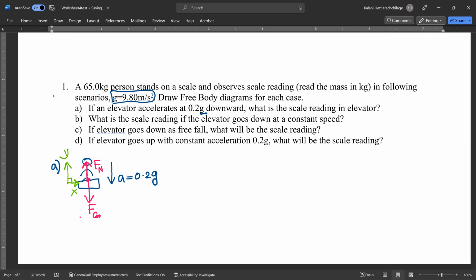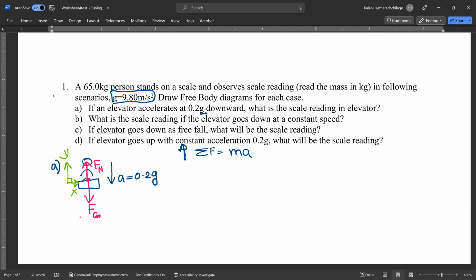So now we're going to write Newton's second law. What is Newton's second law? I'm going to write net force equals mass times acceleration in the y direction. I need all these steps when you do it. You are using this equation in the y direction, left and right side. On the left I have only forces.